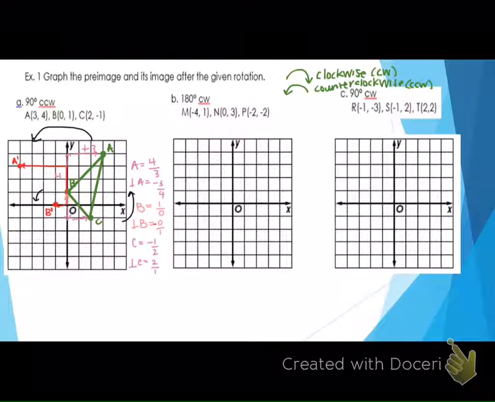Don't simplify here. Leave the numbers the same. Even if you have up 6 over 8 and you go to reciprocate that, do 8 over 6, negative 8 over 6. Do not simplify at all, because you need it to end up in the same spot. In this case, we know C should end up in quadrant 1. Do you guys see that? So we're going to go up 2 over 1.